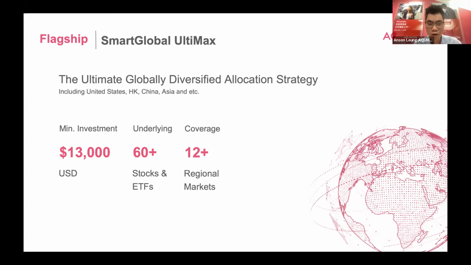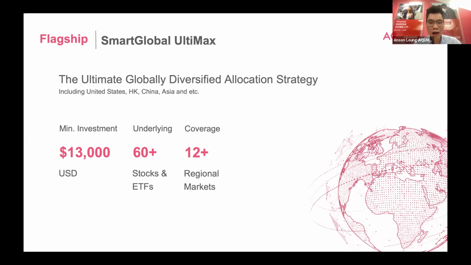And of course, with a higher investment threshold, we can greatly expand the investment universe. So right now, we are not just covering the traditional US ETF market. We are also now expanding to the US stock market. It has an underlying of 60 plus stocks and ETFs. Strategically speaking, it is more diversified in terms of risk control, and we can achieve a better outcome.